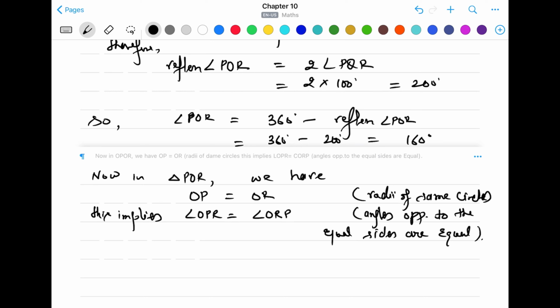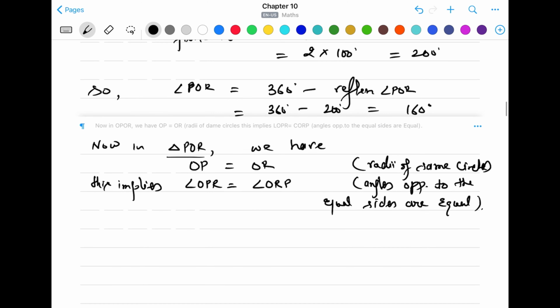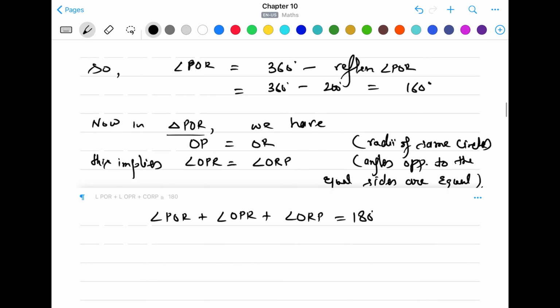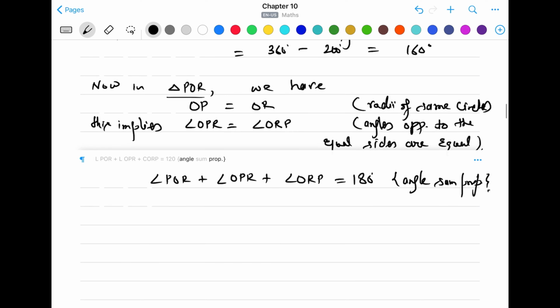So in this triangle we can apply the angle sum property, that is, angle POR plus angle OPR plus angle ORP has to be equal to 180 degree. That is the angle sum property of a triangle.